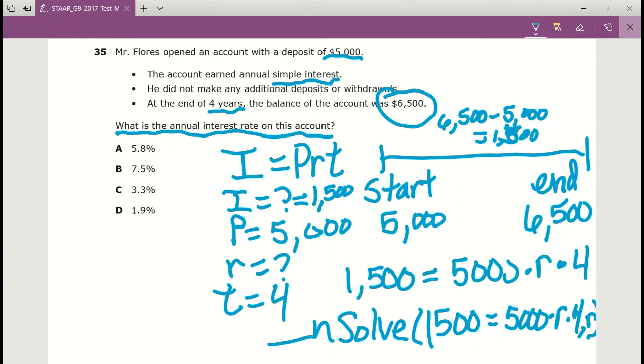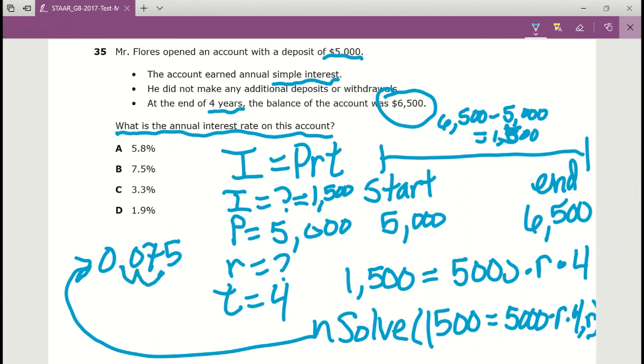We do this, and we get 0.075, because NSolve doesn't know that we're trying to solve for a percent. So we have to convert this decimal to a percent. We move it 2 times to the right, and we get 7.5%. So our answer is B.